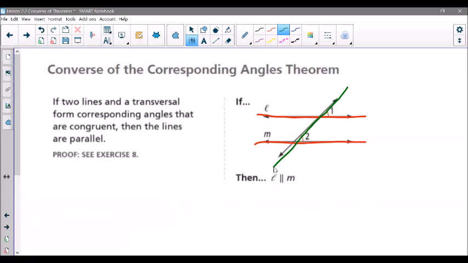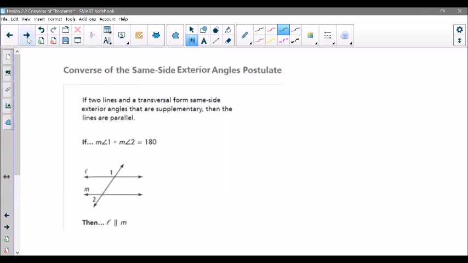Angle 1 and angle 2 are both above the parallel lines, and they are on the right side of the transversal. Since those are both on the top right of the two intersecting points, those are the corresponding angles. If 1 and 2 corresponding angles are congruent, then L and M are parallel.